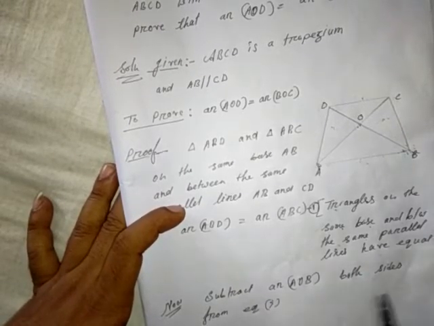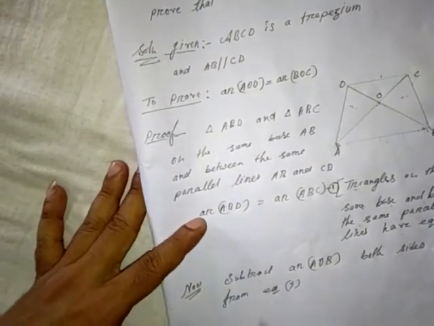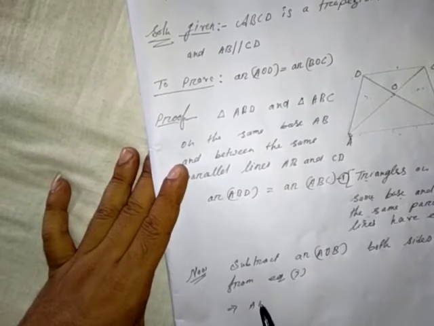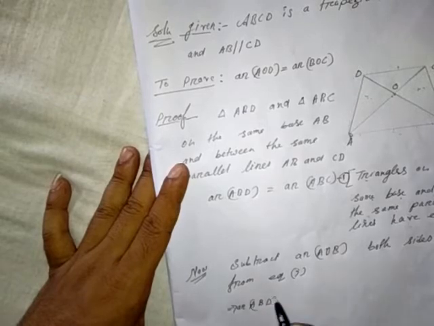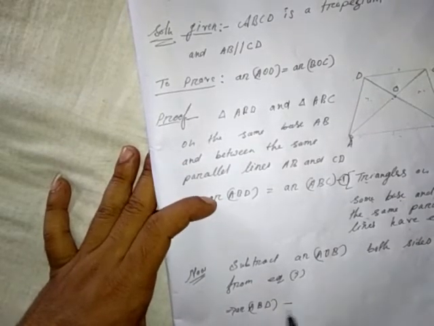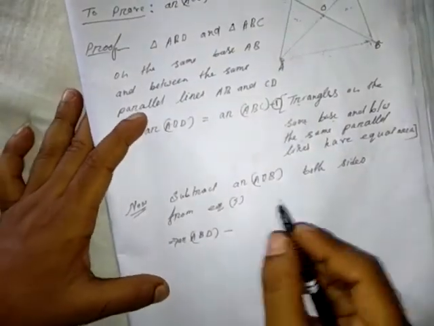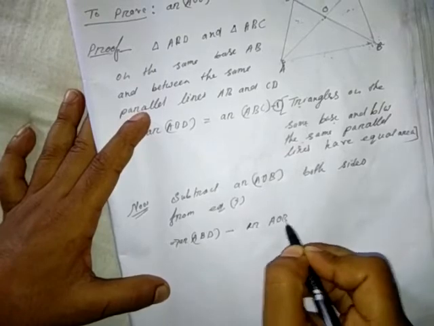We'll write area ABD minus area AOB. We are going to subtract AOB from both sides. So you can write area of AOB.